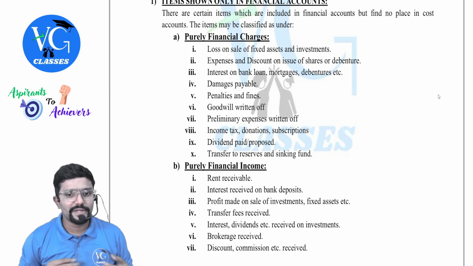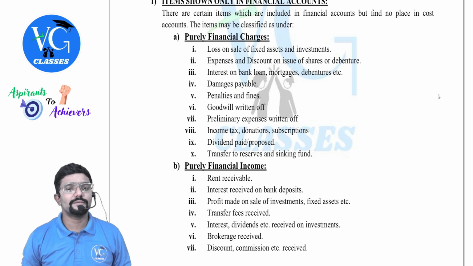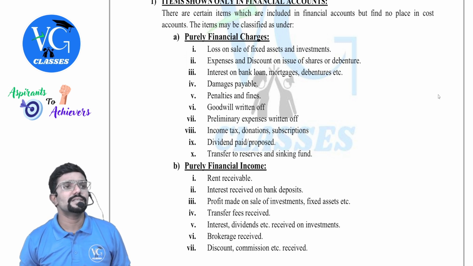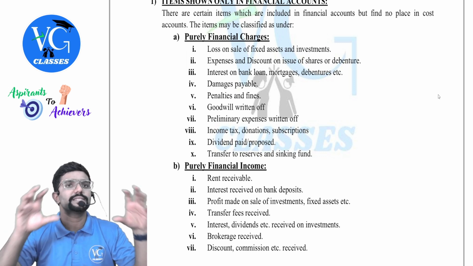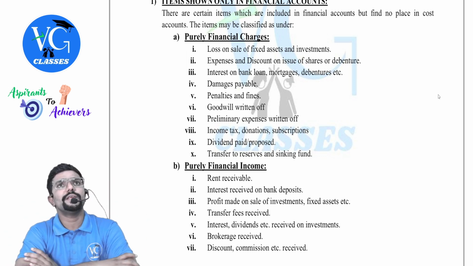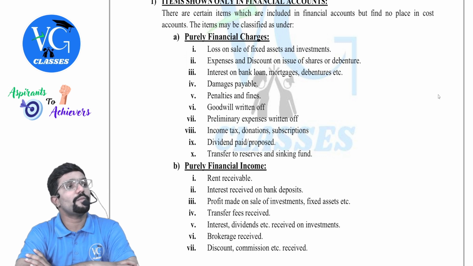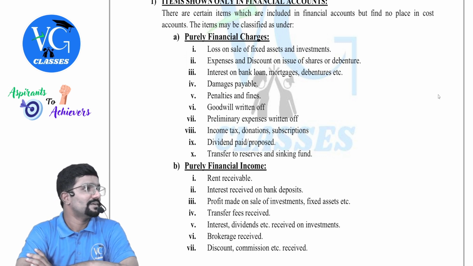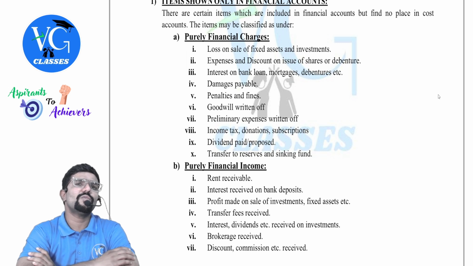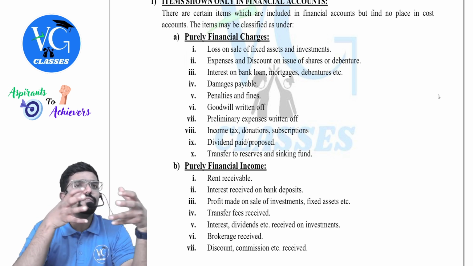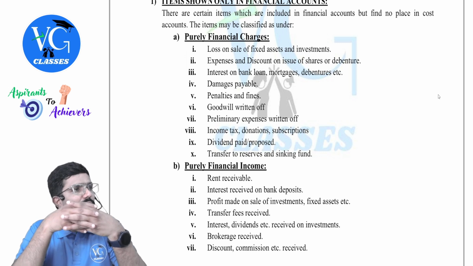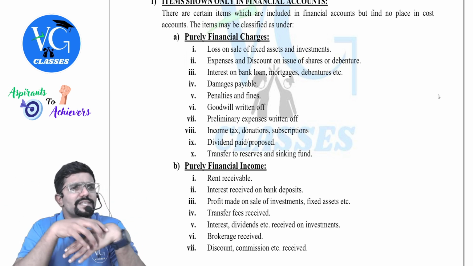Goodwill written off, preliminary expenses written off, income tax, donations, subscription, dividend paid or proposed, transfer to reserves and sinking fund. Clear? Guys, even there was something called P&L appropriation account for you. In the P&L account, we will find out net profit, whatever net profit is after all the business related expenses.